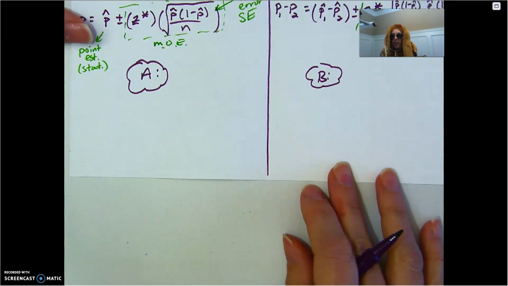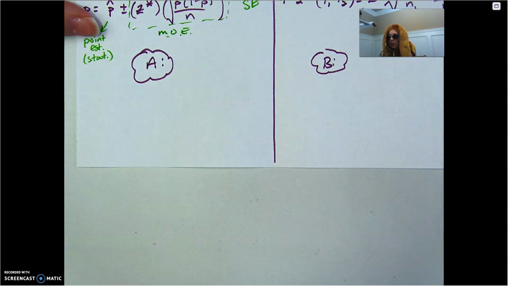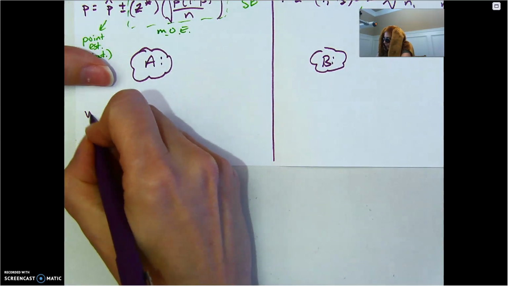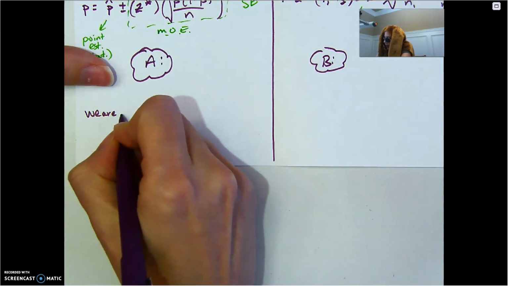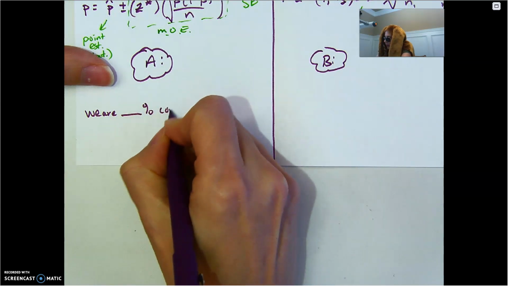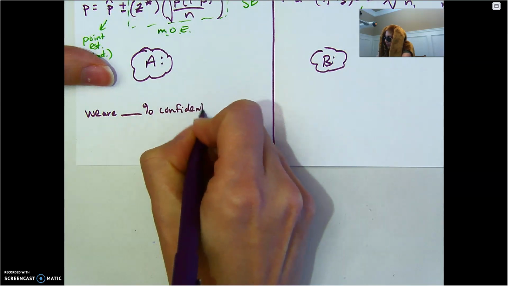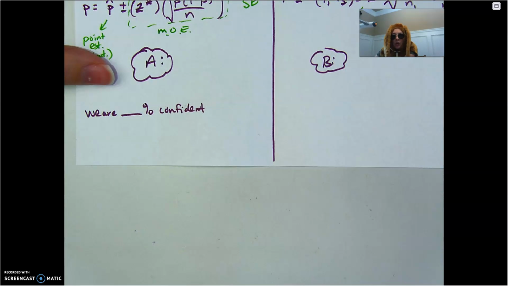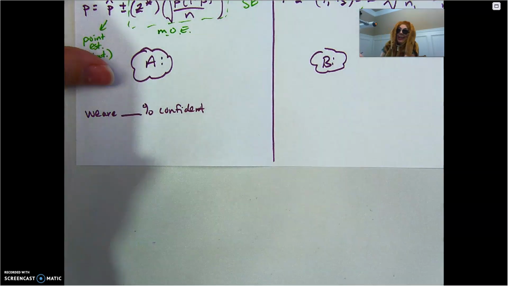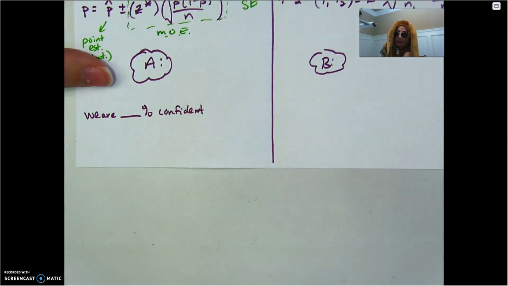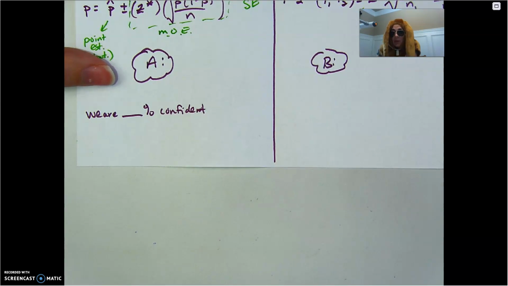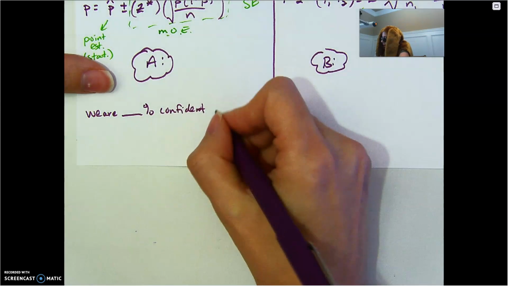Once you get your answer, then you have your go-to sentence that you're going to write out. We are blank % confident. That blank can change based on what the problem wants. Do they want 95%, which is the most common, or do they want 99%? I don't know. So you just have to read the word problem to know what confidence level we're going to be setting these as. So we are blank % confident.